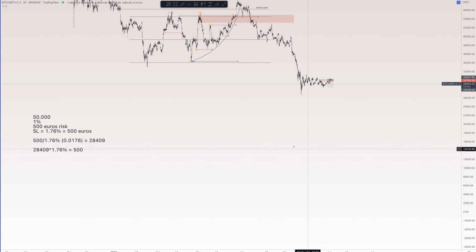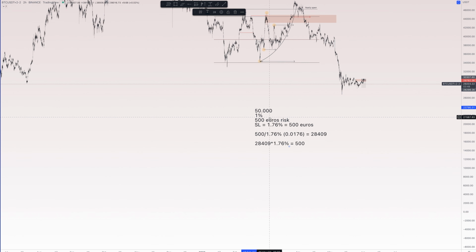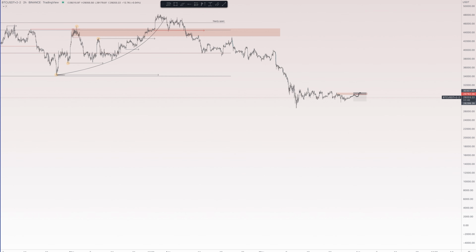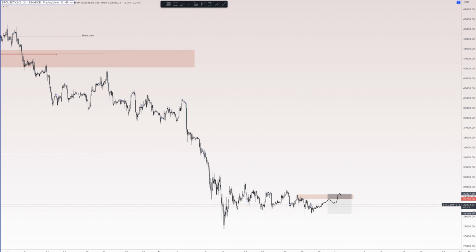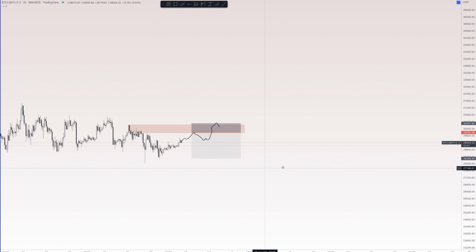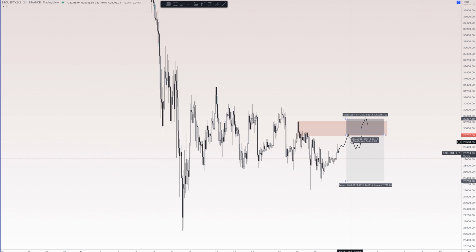And of course stop losses are not fixed. Like we said, stop losses can be bigger, can be smaller. Let's say we take the same trade, but I just want to be a bit more careful, because I see there's a lot of liquidity above here.